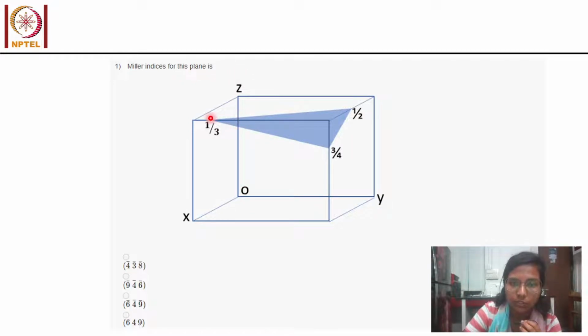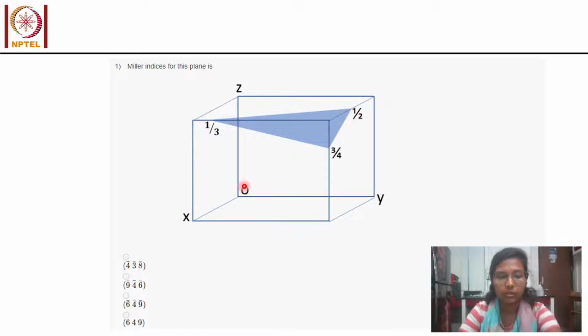To find the intercepts for this plane, which is shaded blue, we see that it is not visibly clear where the plane intercepts the x, y and z axes, because it is on the opposite side of this origin. For cases like this, it is not impossible to find the Miller indices.